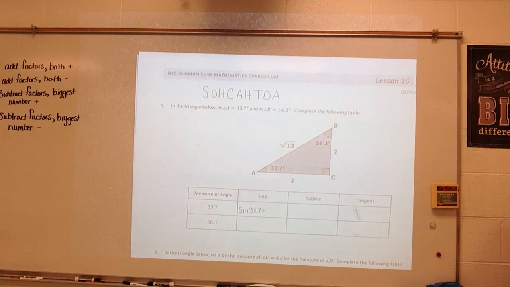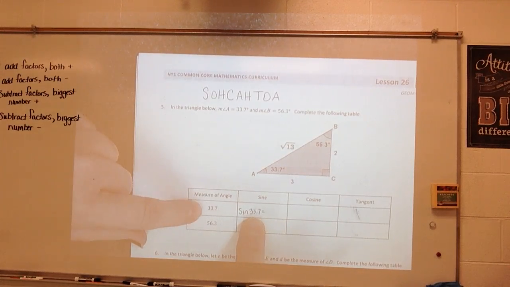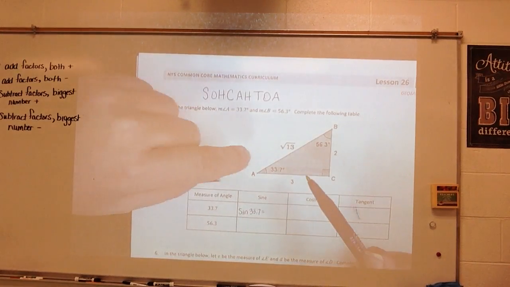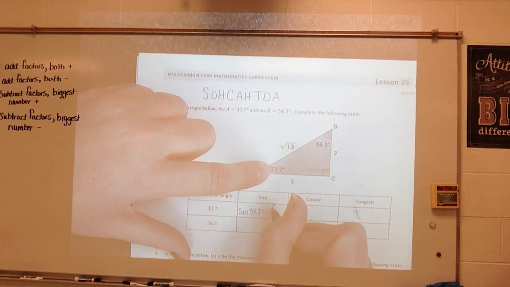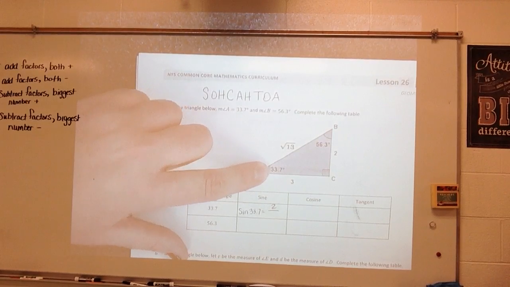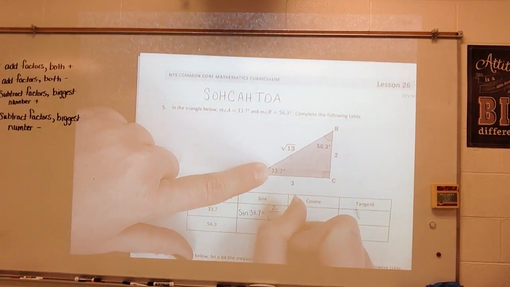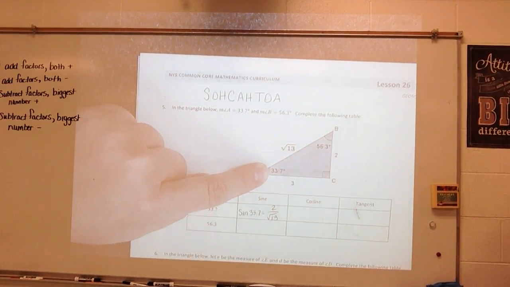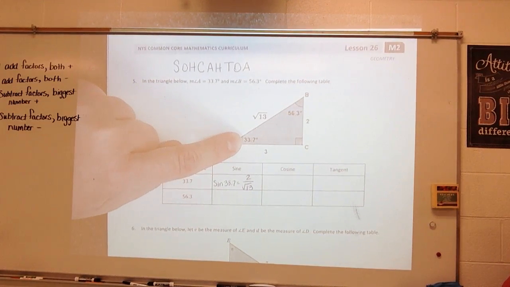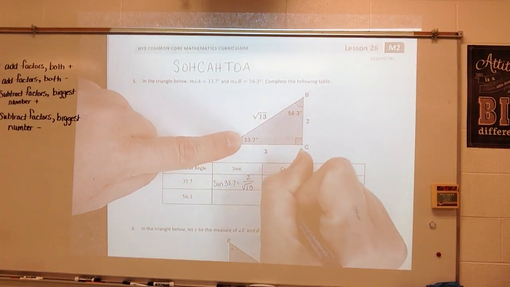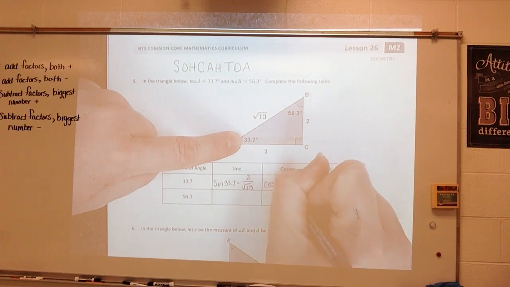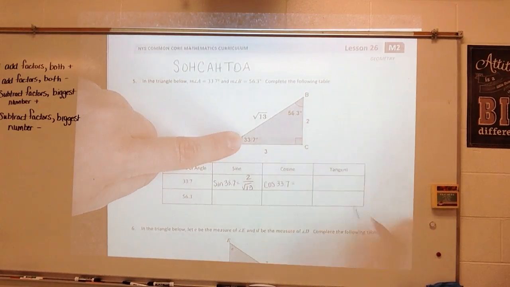All right? So sine is the opposite, so we're looking at 33.7. So the opposite of that is 2, all right, over the hypotenuse, which is the square root of 13. Now normally we wouldn't leave it this way, but they didn't tell us to simplify it, so we're going to leave it 2 over the square root of 13. All right? The cosine of 33.7.